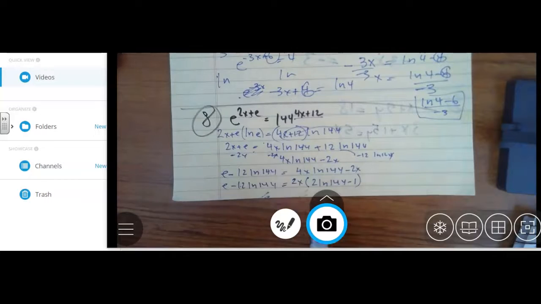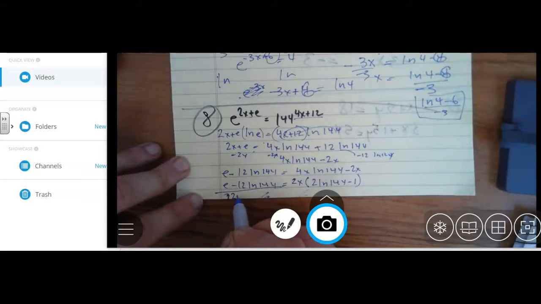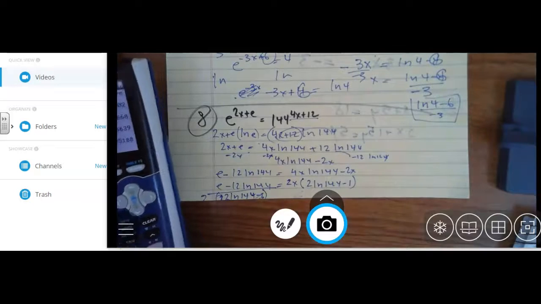Now in order to get this answer, I've got to divide by 2 ln 144 minus 1, and then times 2 in the denominator. And you put that on your calculator. Let's do that out if we can get it.